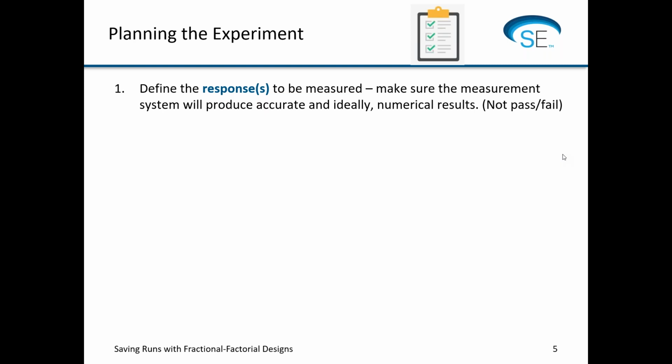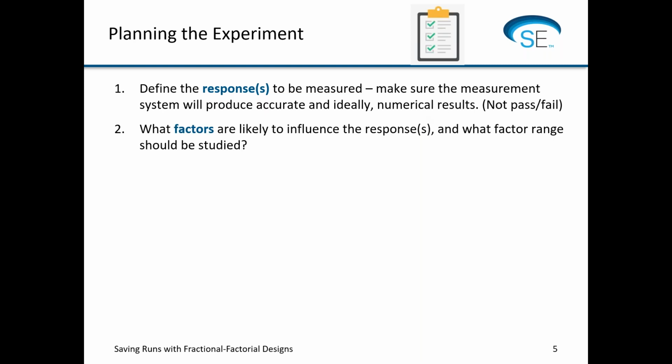Make sure you've spent the time to ensure that your measurement system is going to produce accurate and ideally numeric results. Try to avoid pass-fail measurements if at all possible. An alternative to pass-fail would be using a rating system. That's a little bit of an improvement. But ideally, simple numerical results are best for your responses.